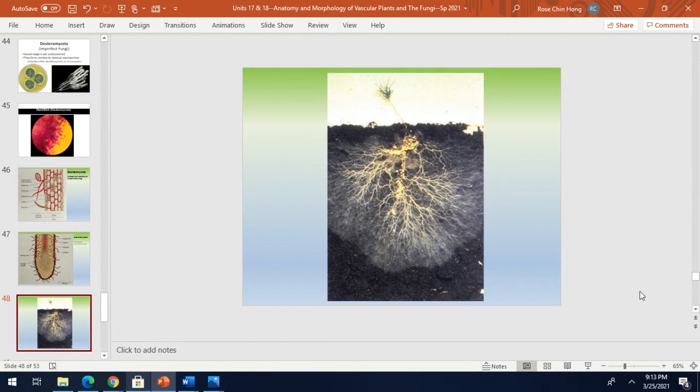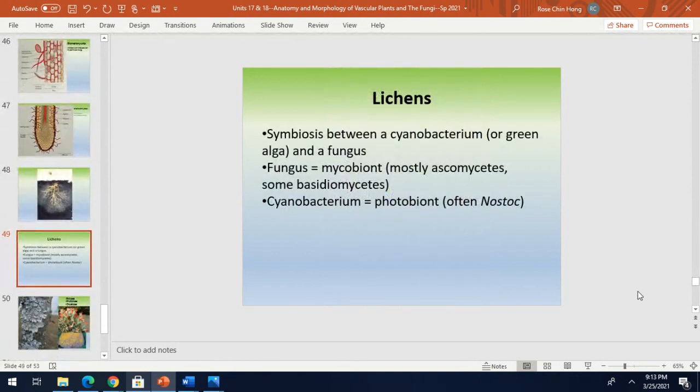Okay, so let's go on to the next slide, which is lichens. Lichens are also symbiotic, between a cyanobacteria or maybe a green alga and a fungus.